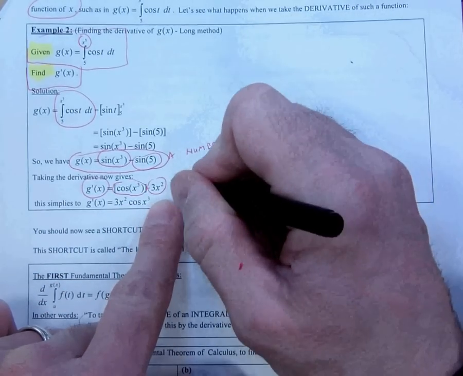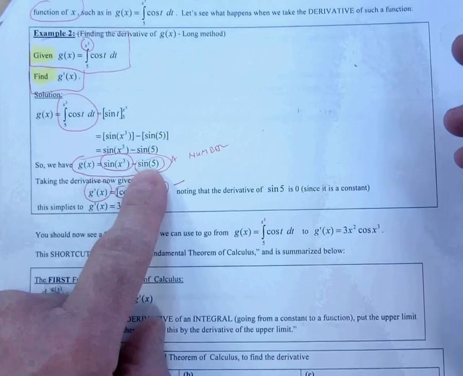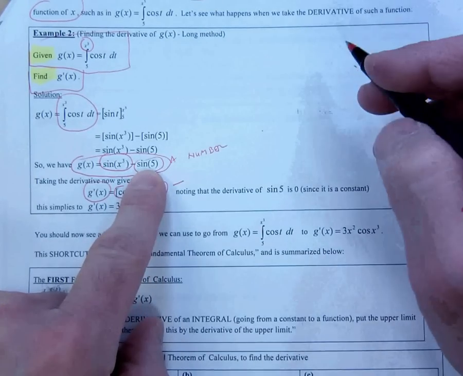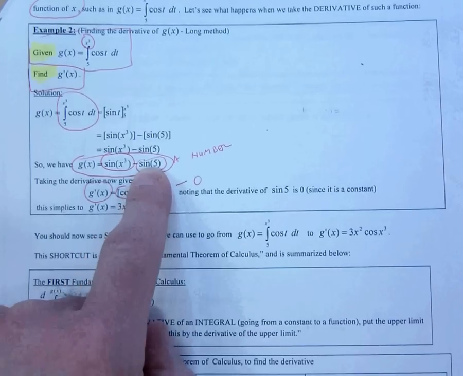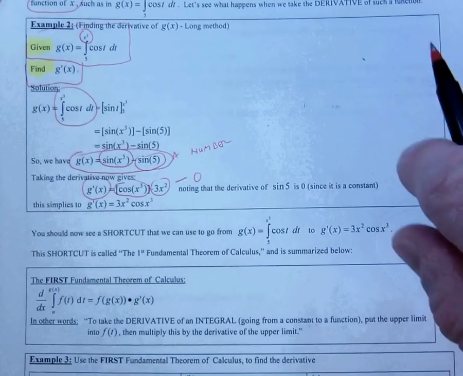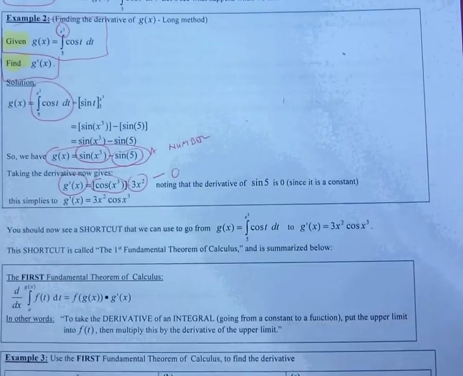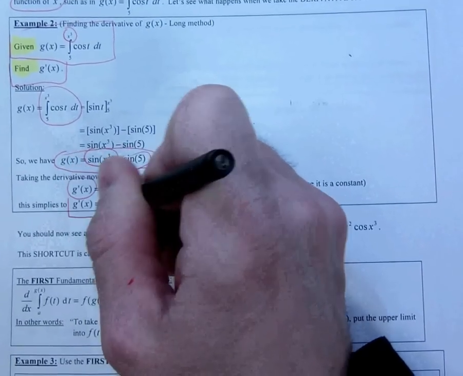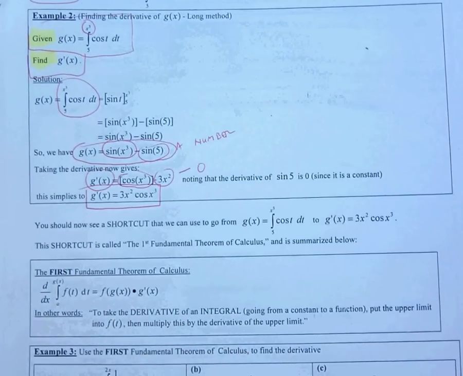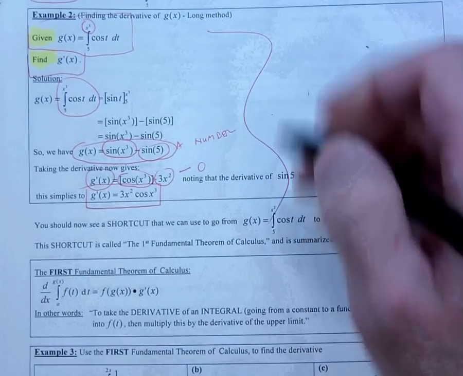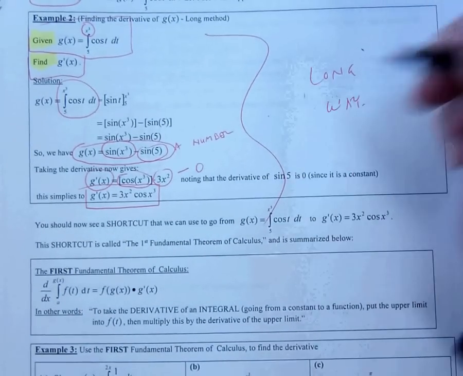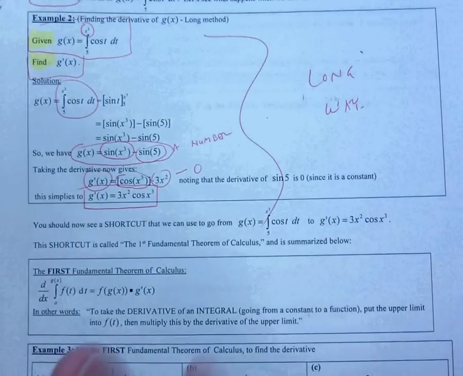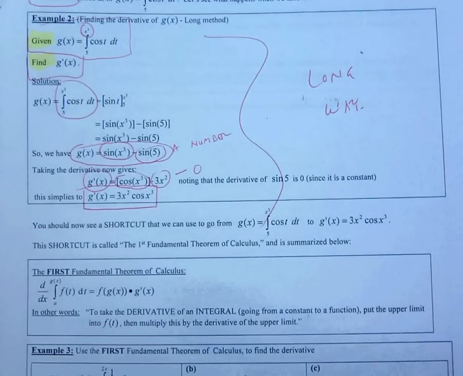And then minus, what's the derivative of sine of 5, guys? 0. Because the derivative of a constant is 0. Are you following me on this? And so, then basically end up with just this then, yes? All right. So that's the long way to find the function g prime of x, right?